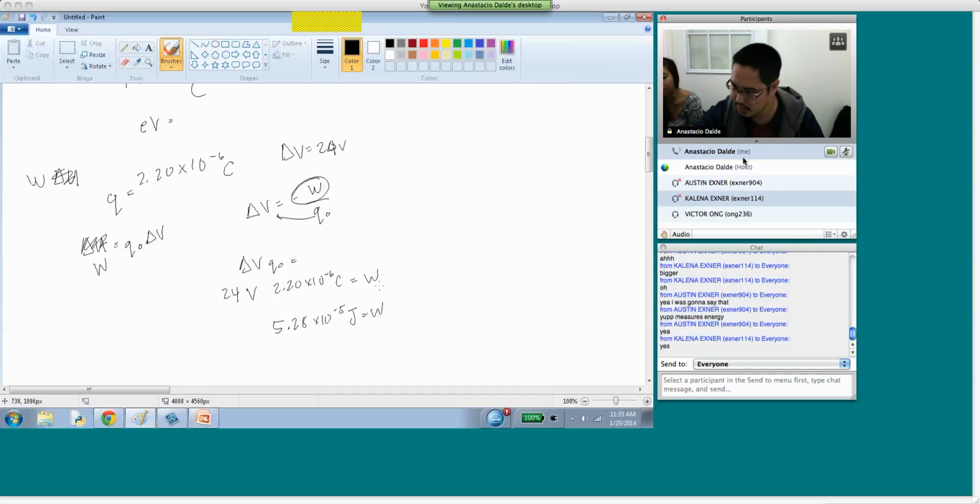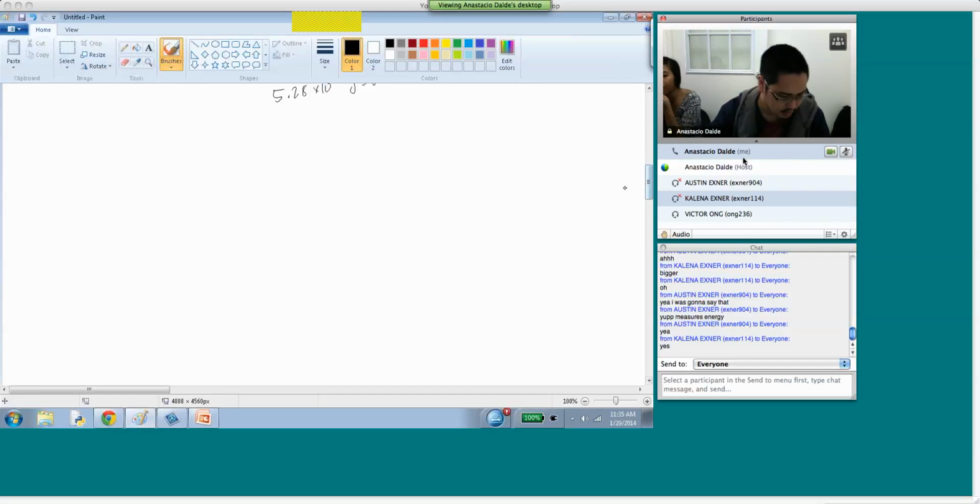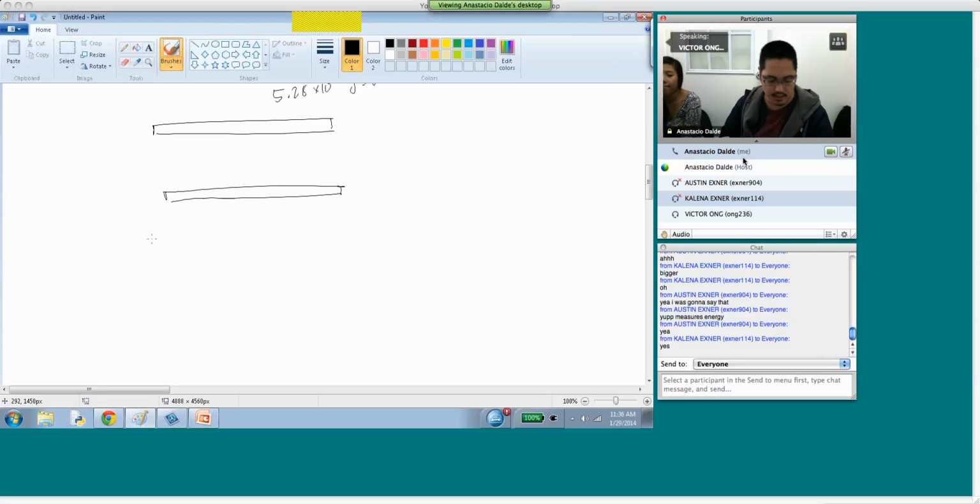Ready? We have 2 plates that we set up. Cool? And I take these 2 plates and I attach a 12-volt battery. So I got a 12-volt battery, kind of like this. And I usually label it like this, positive, minus.